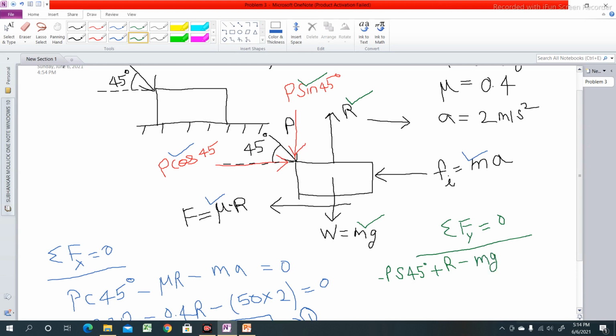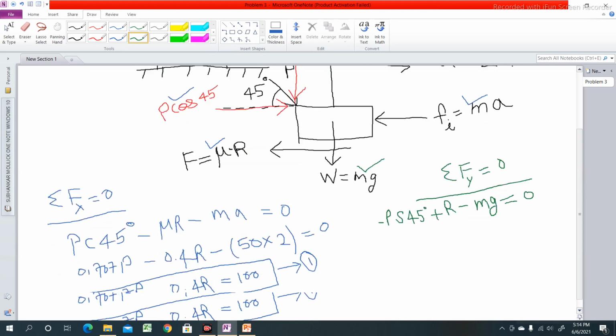No other forces are present along y direction, so it will be equal to 0. Let us further solve this equation. What is sine 45?